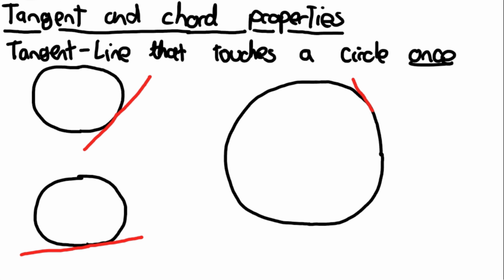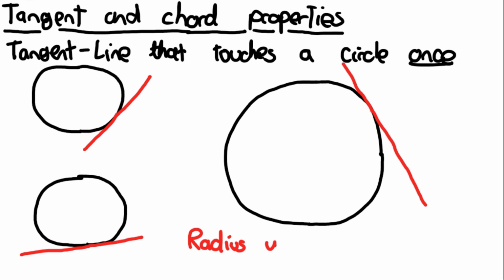It could be anywhere on the circle, it just has to only touch it once, like this. So there it only touches it once, there it only touches it once, and there it only touches it once as well.